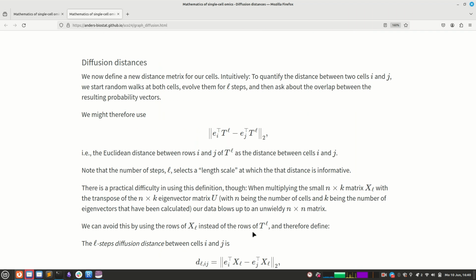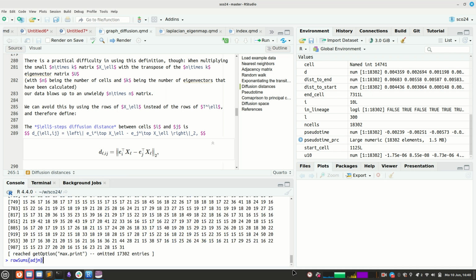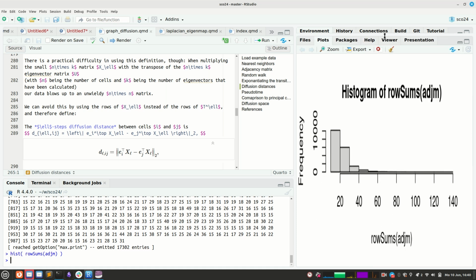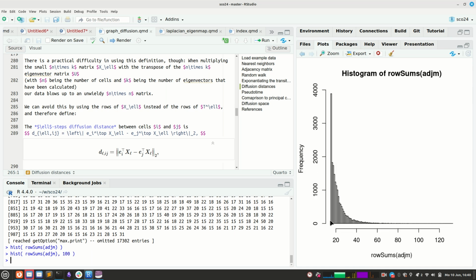So I can now decide, okay, but on the other hand, let's look at this D vector. You remember, it contains the row sums of the adjacency matrix. Here I look at a histogram of that. And you see these row sums were always at least 15, because we take the 15 nearest neighbors, and sometimes it goes up to 40.